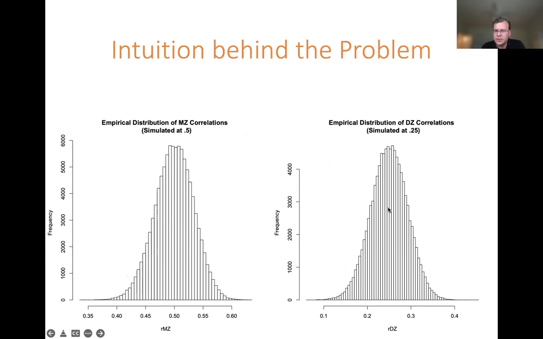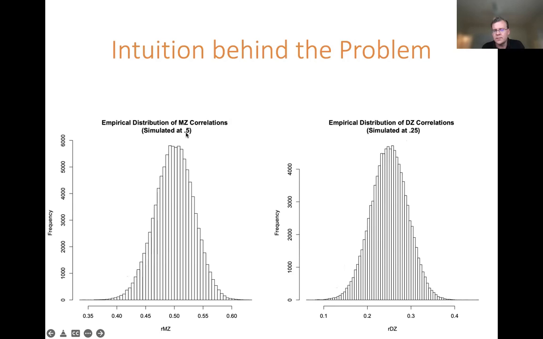Similarly, for DZ twins simulated at a correlation of 0.25, sometimes we're going to get a slightly bigger correlation than 0.25, and sometimes a slightly smaller one.